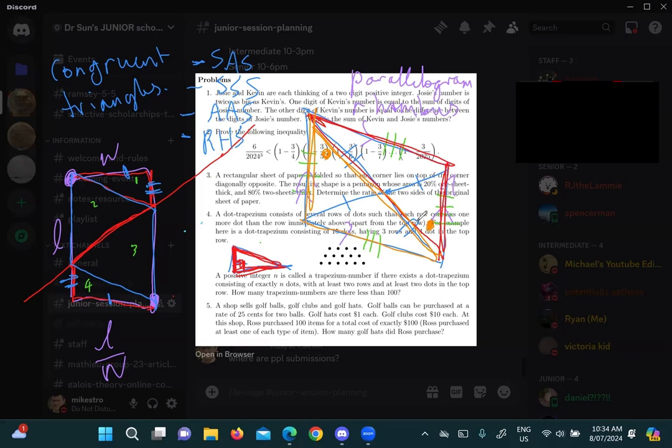Okay, and then actually we can maybe break it up into these triangles. So we have this angle is also equal to this angle, yeah? And so we basically have all three angles.